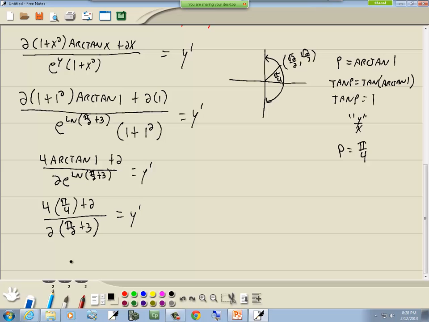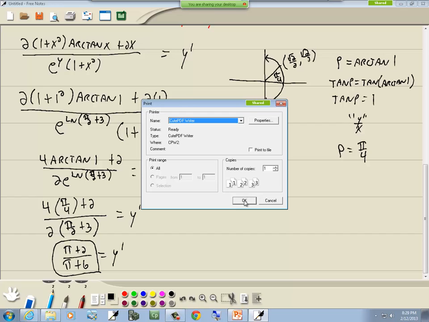Now those 4's cancel, and we got pi plus 2. And here, when I multiply 2 through, multiplying it times the pi over 2 gives us pi, and 2 times 3 gives us 6. So our answer is going to be pi plus 2 over pi plus 6. That one worked out interesting. Let me save that.